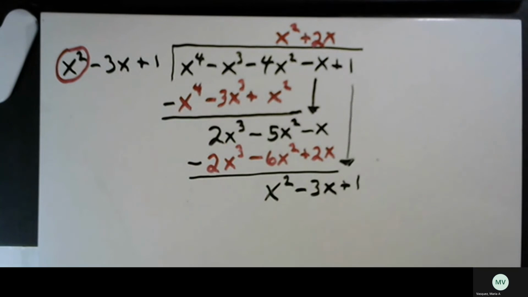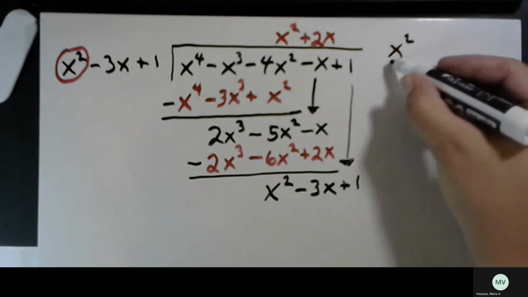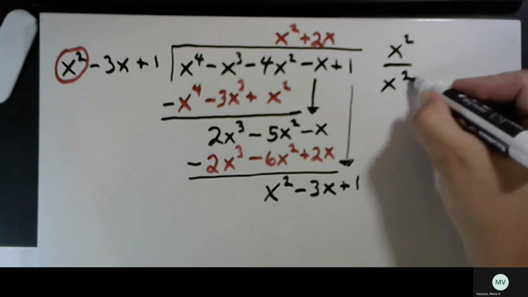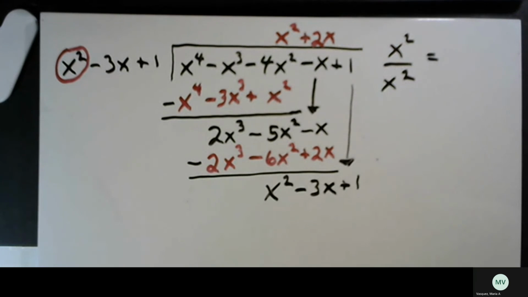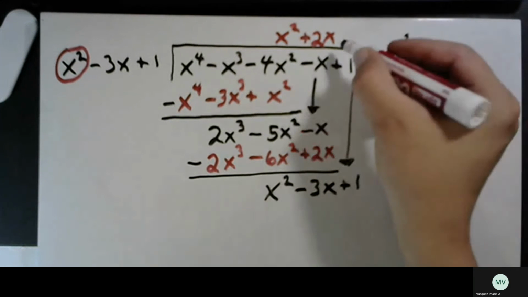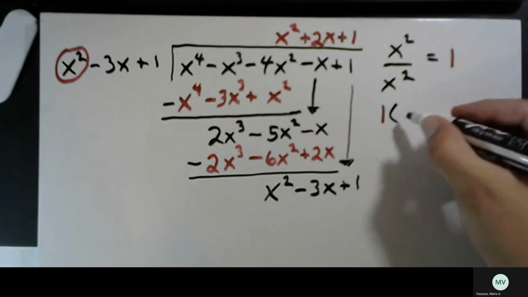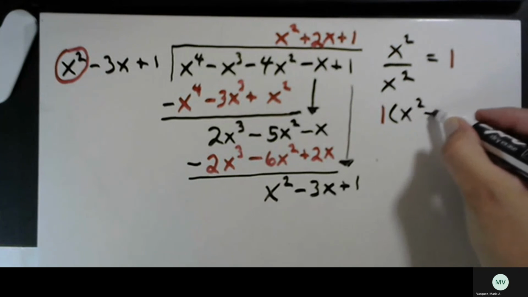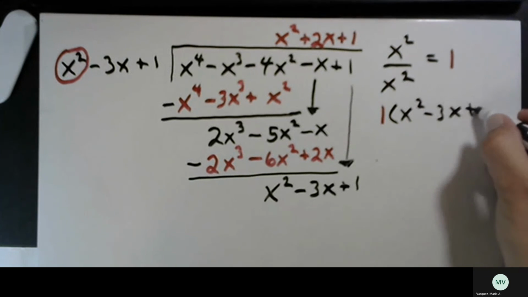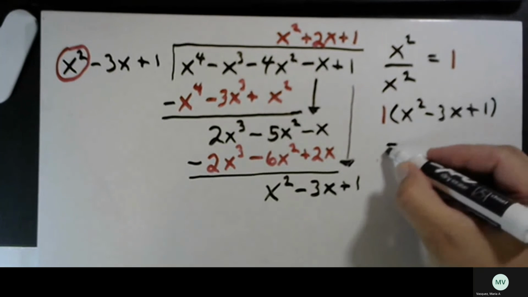First term, first term. So it goes in 1, plus 1 in the constant column. Then we have 1 times the x squared minus 3x plus 1. And when we multiply 1, it doesn't change anything.